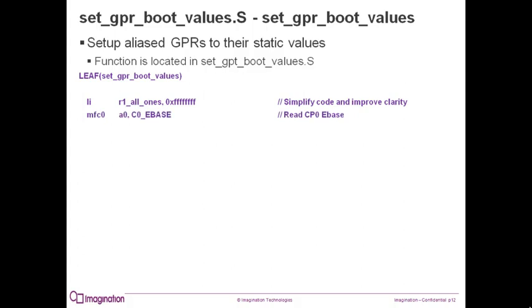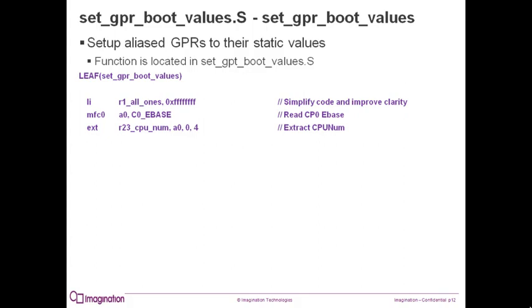Next, the code reads the eBase register, CP0 register 15 select 1. The eBase value is used to set the CPU number in GPR23. The CPU number is stored in bits 0 through 9 of the eBase register. In the case of MIPS cores, we only need the first 4 bits to determine the CPU number, since that covers the maximum number of CPUs in our multi-core designs.